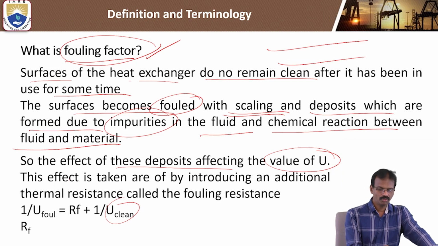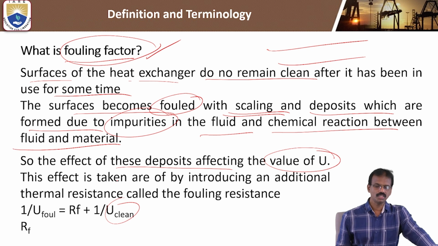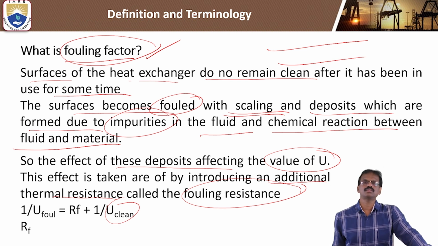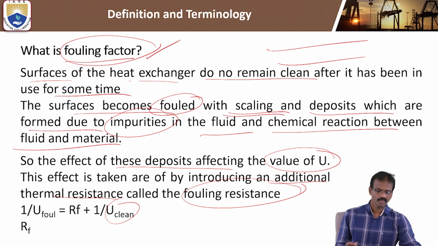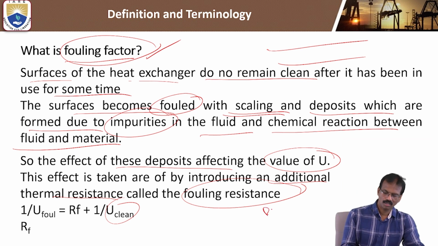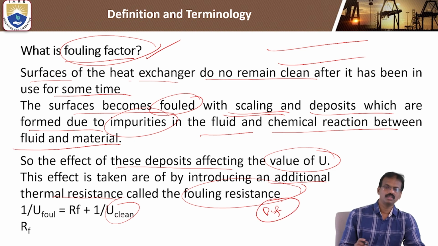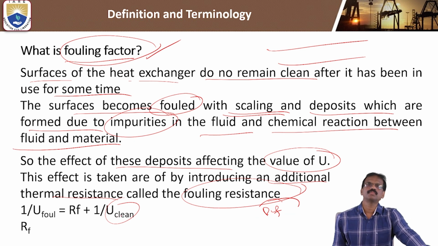So for this, we have to add the additional thermal resistance, that is called the fouling resistance. We have to add the fouling resistance, represented by R_f, for finding the rate of heat transfer. It should be added to the overall heat transfer coefficient.